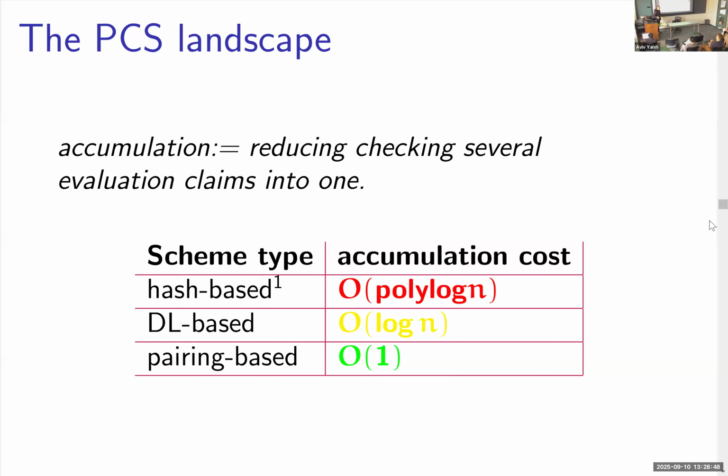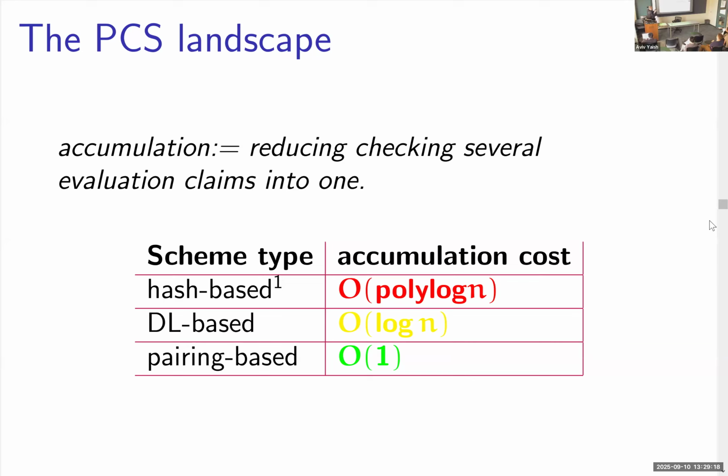We may have a ton of client SNARK proofs being propagated in a network that need to be verified on some chain. And verifying these proofs reduces eventually to verifying some polynomial commitment opening. So we're not really interested in the cost of verifying one proof, we're interested in the cost of verifying 1 million proofs.